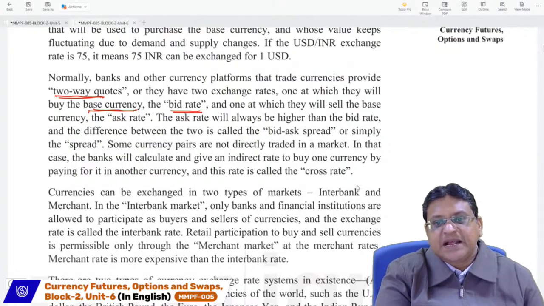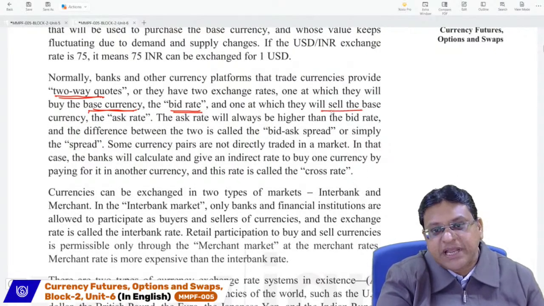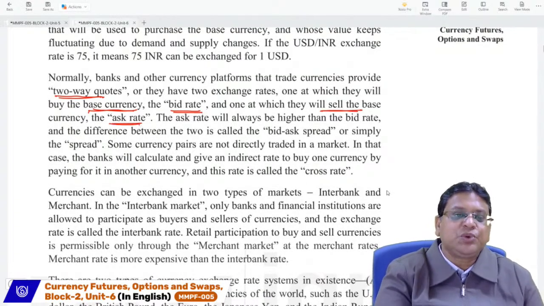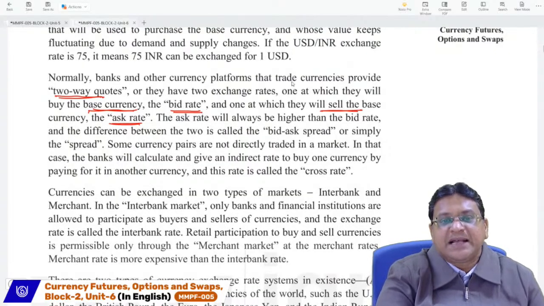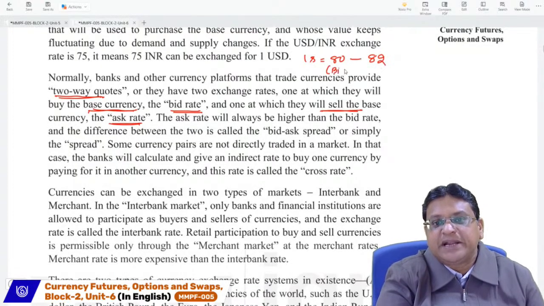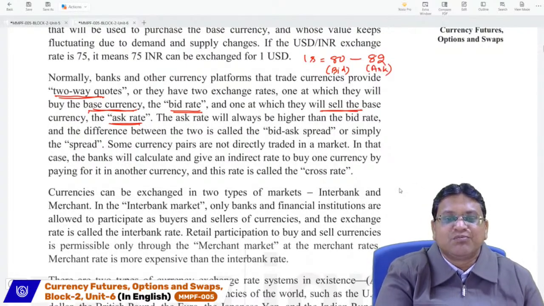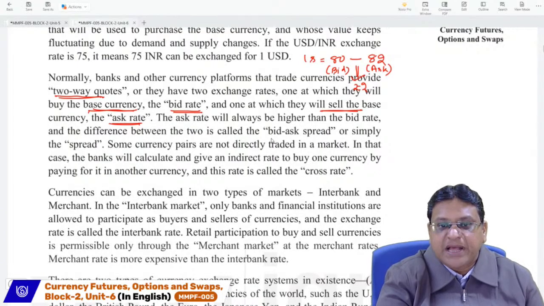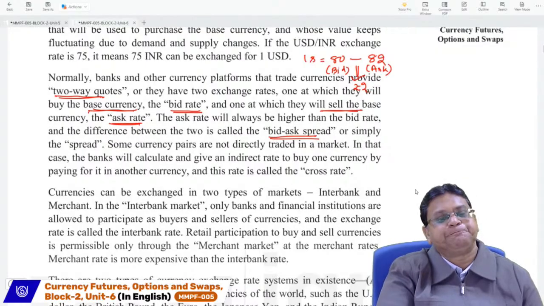And the rate at which he is ready to sell the base currency is known as ask rate. So there are two types of rate, bid rate and ask rate. If $1 is equal to 80, 82, in this case 80 is the bid rate and 82 is the ask rate. Always ask rate is more than bid rate. The difference between bid rate and ask rate, in this case 2 rupees, is known as bid ask spread.